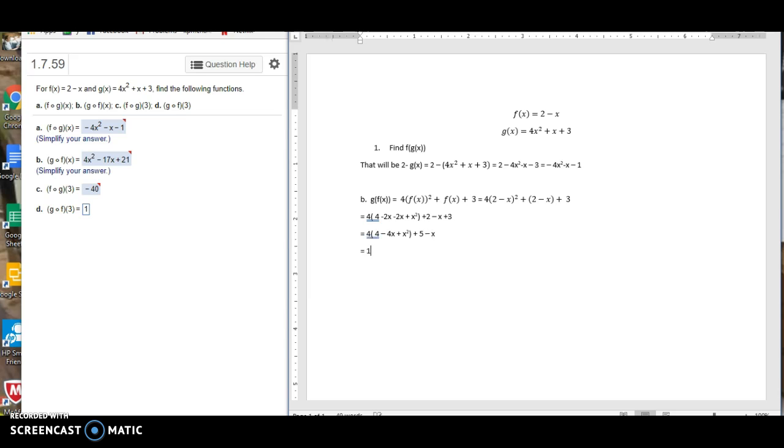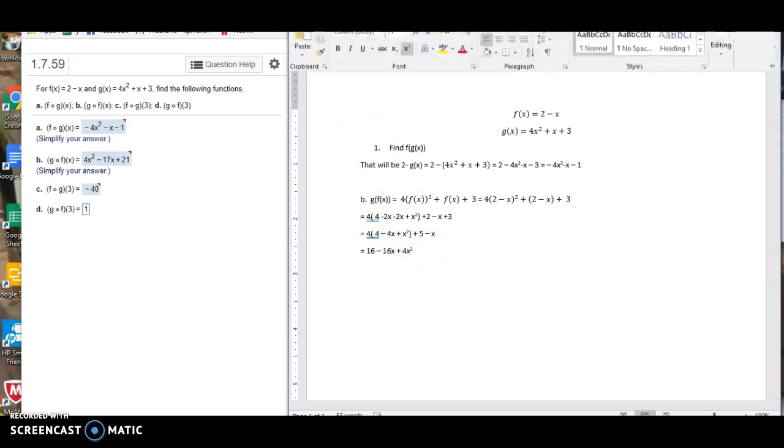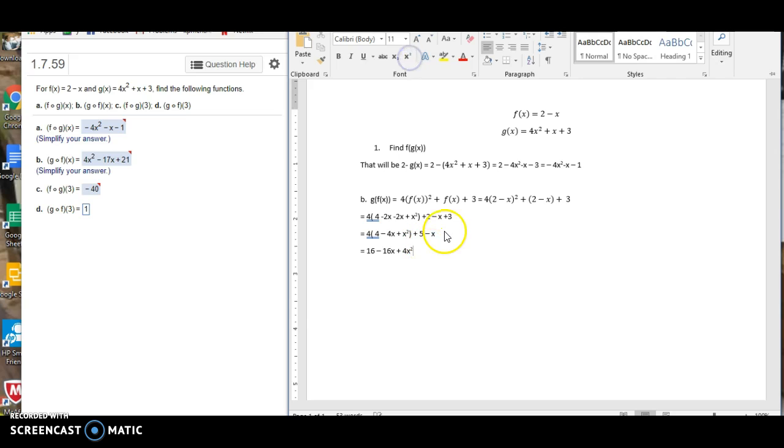Now I'll distribute that 4. So I'll get 16 minus 16x plus 4x squared. Okay, so I've distributed the 4, and then I'm going to have the plus 5 and the minus x after that.